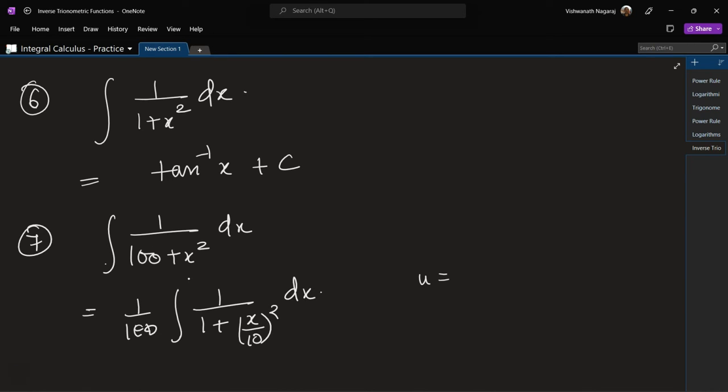u would be x by 10, du would be 1 by 10 dx. That means dx is equal to 10 du.